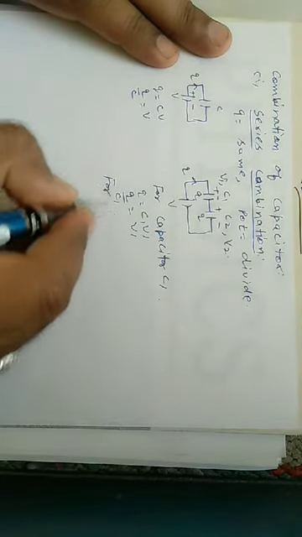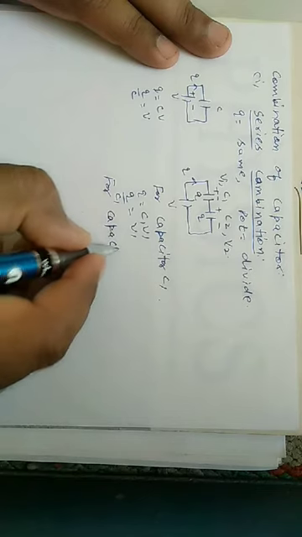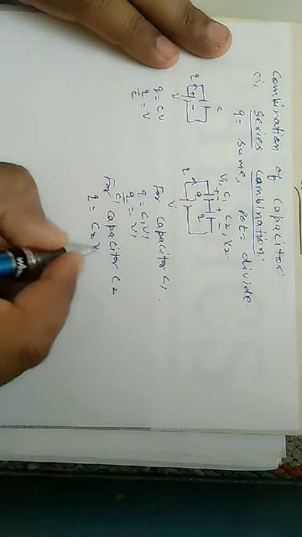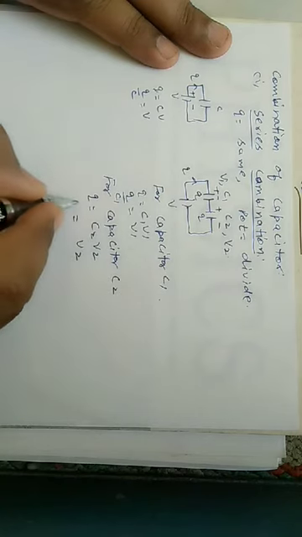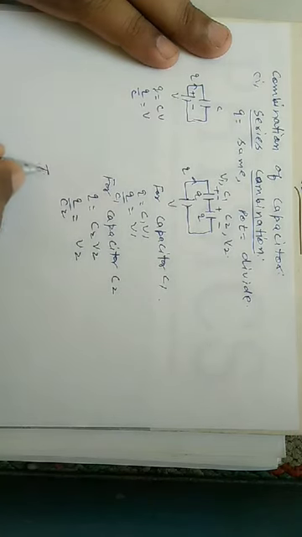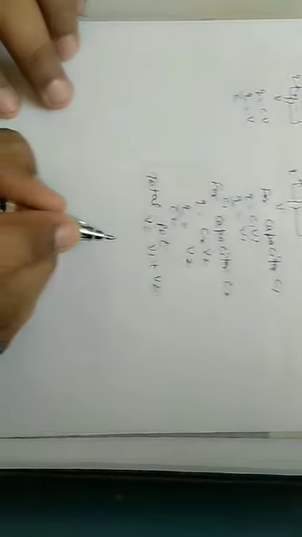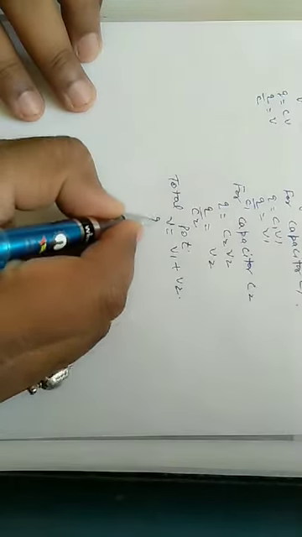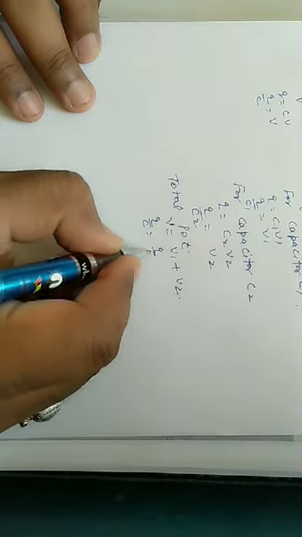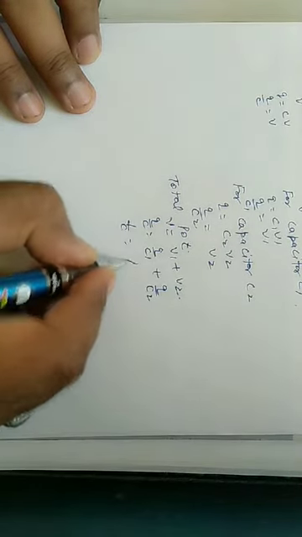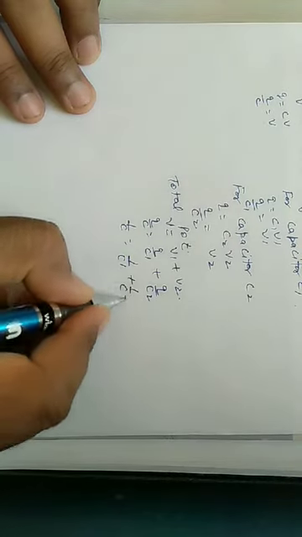For capacitor C2, Q equals C2 V2, we can find V2 is Q by C2. Total potential V is V1 plus V2. Now the value of V is Q upon C, V1 is Q by C1, V2 is Q by C2. Now we can write 1 by C equals 1 by C1 plus 1 by C2.